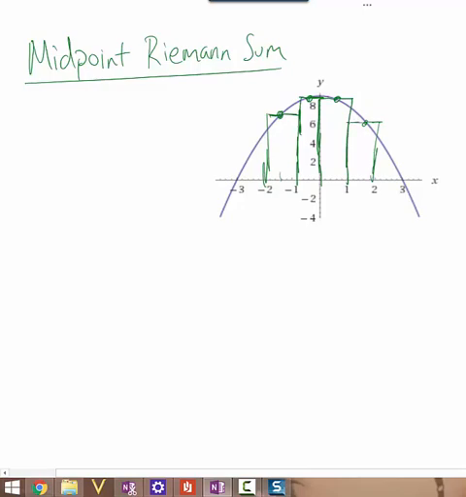And so this formula, our area is still the same, but it's going to be b minus a, sorry, our width is still the same, times, now the y values are, wouldn't this be y at negative 1.5, y at 0.5?